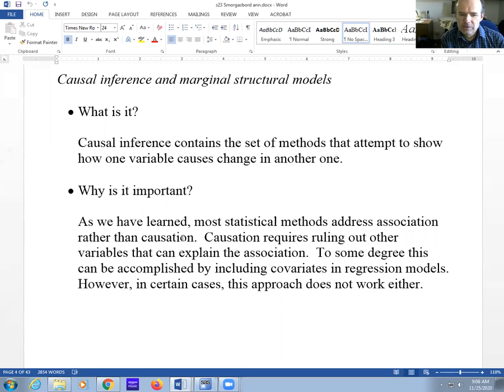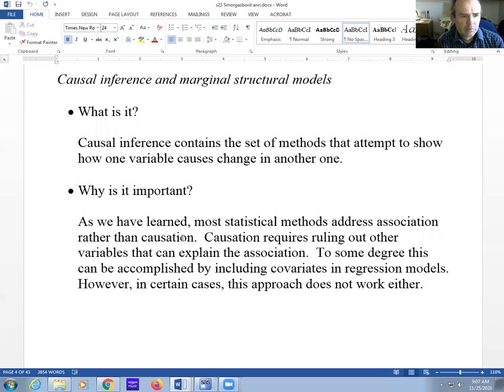But to go even a step further, how do we typically try to estimate causal effects? In thinking about this, let's consider regression modeling. Let's say you have a predictor and you have an outcome.